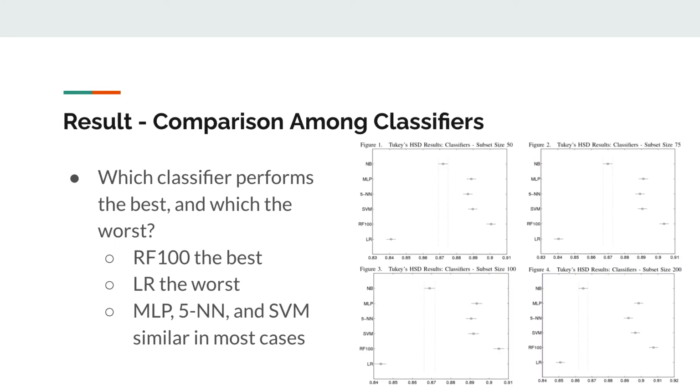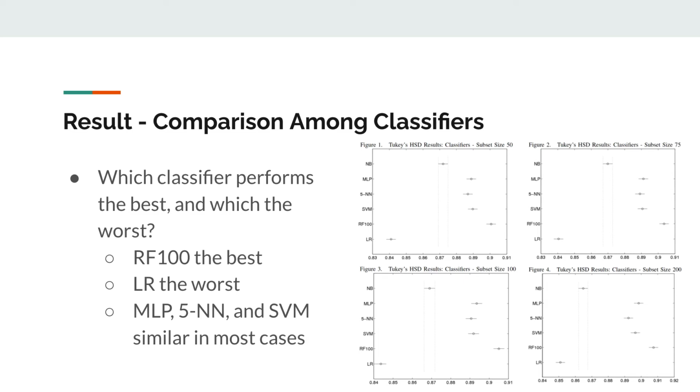Next, to elucidate how classifiers' performance differ from one another, the paper conducts Tukey's honestly significant difference, or HSD, test. The results show the average performance and the confidence interval for each classifier under each feature size. You can see the circles are the average performance and the bars indicate the confidence interval. It is clear that RF100, this one, this one, this one, and this one, has significantly the best performance compared to the others.